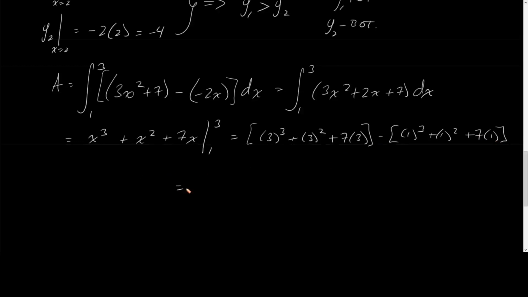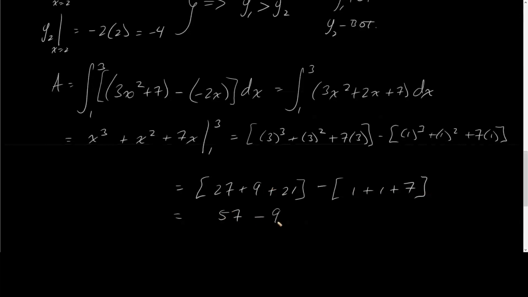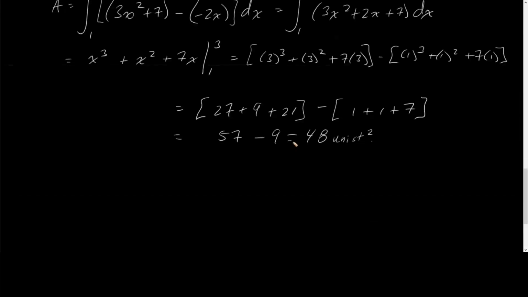And then what does that give us? 3 cubed is 27, plus 3 squared, that's 9, 7 times 3 is 21, minus 1 plus 1 plus 7. 9 plus 21 is 30. 30 plus 27 is 57. 57 minus 9 gives us 48. So the area there is 48 units squared.